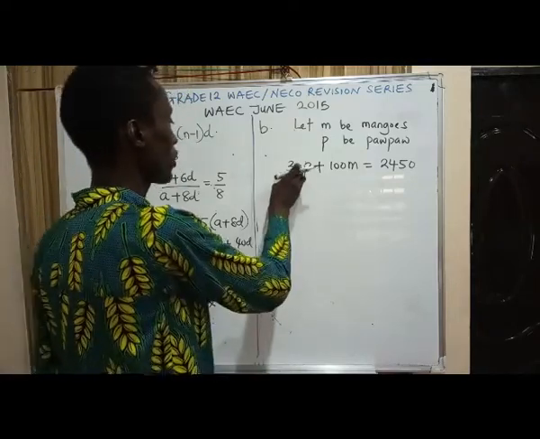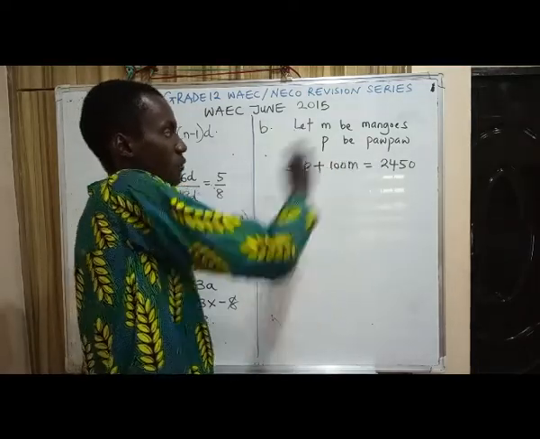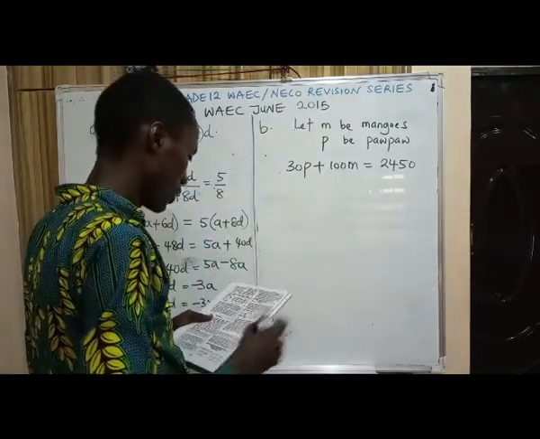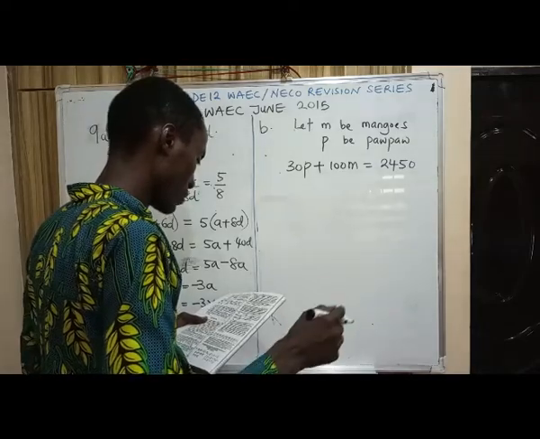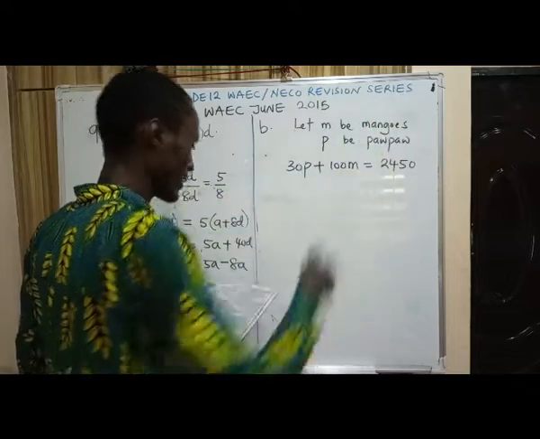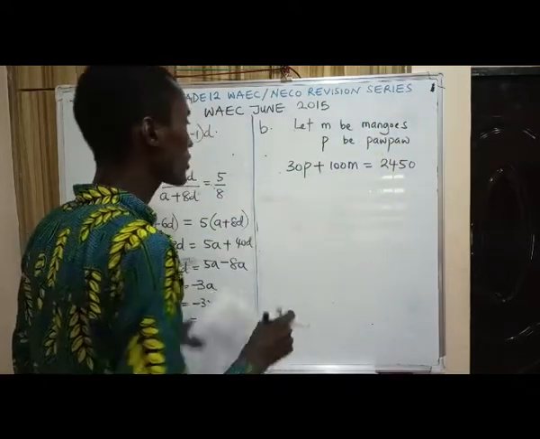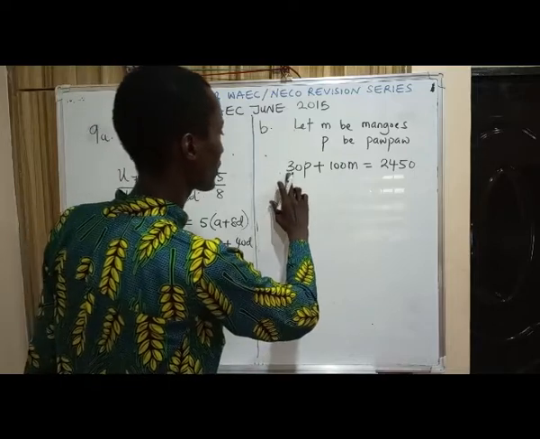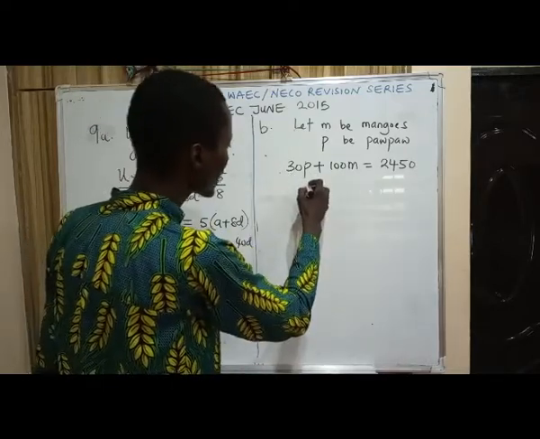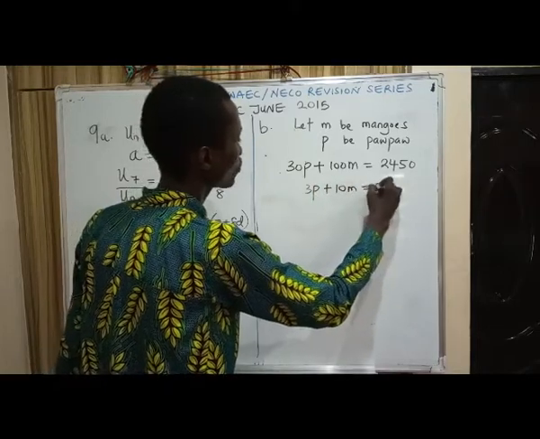So 30 of this basket, each basket is going to cost something. This is going to cost something. So we don't know what that is, so we need to factor that in. It means that each of the basket will represent a certain amount. Now, the next interesting thing we need to look at here is that 10 can divide through. It means that 3P plus 10M will be equal to 245.